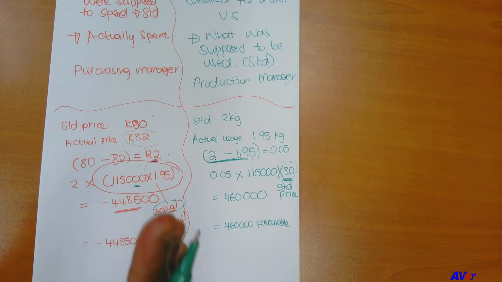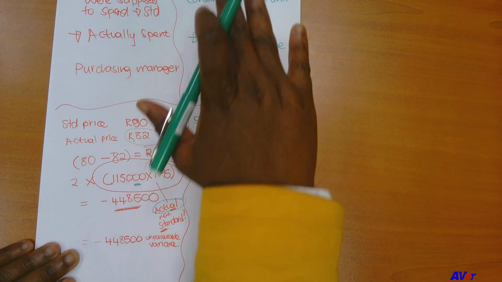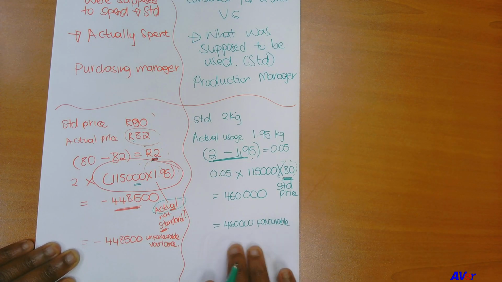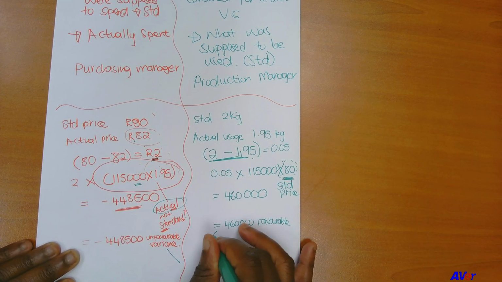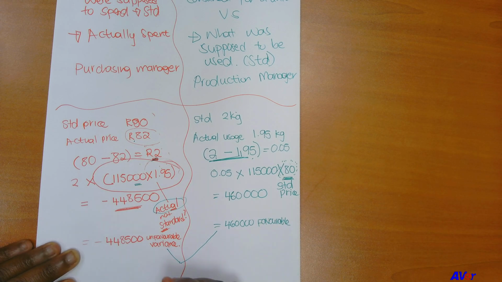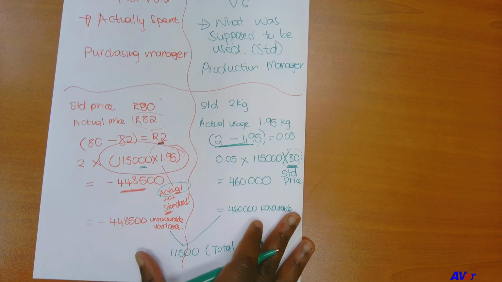Now, I have a standard price variance of 448,500 and I have a volume variance of 460. Right? So now, if I add these together, I get 11,500. And this is your total variance, as we had already discussed in class.